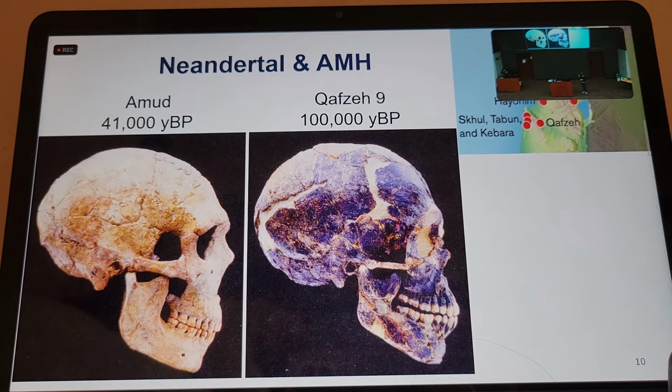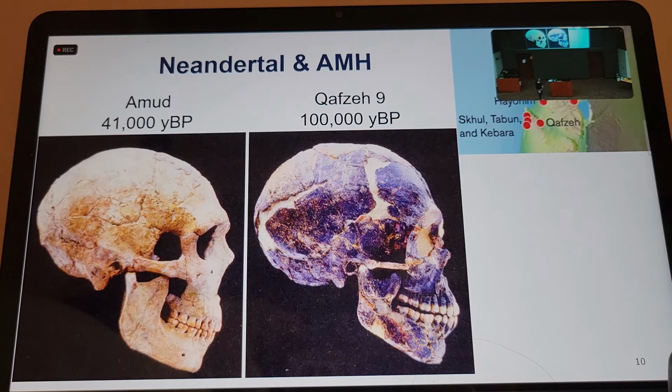But notice Amud is actually 41,000 years before present. So this means anatomically modern humans have been living in this area for over 50,000 years, and we still have Neanderthals living in this region as well.